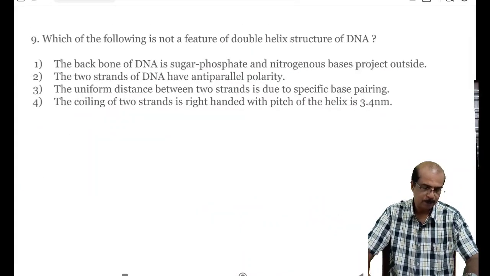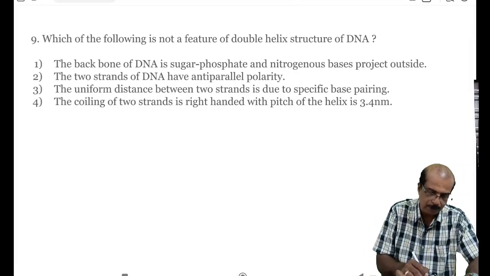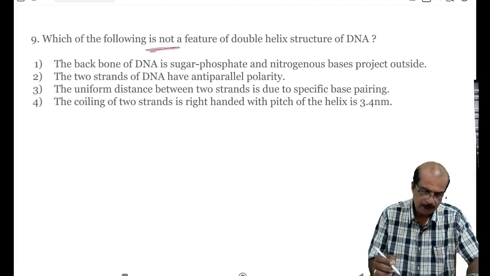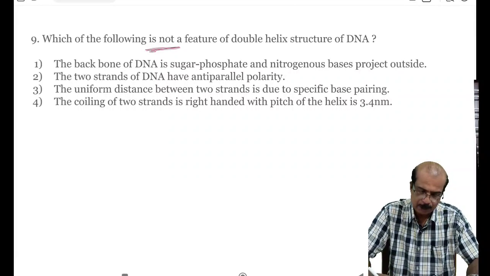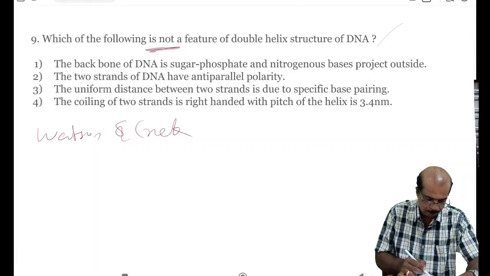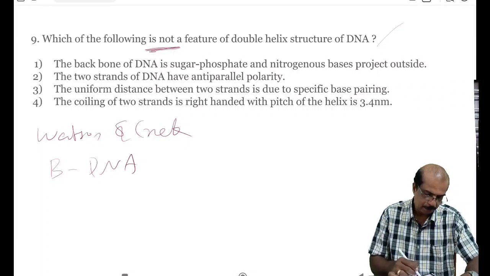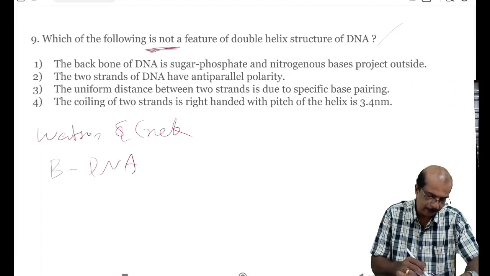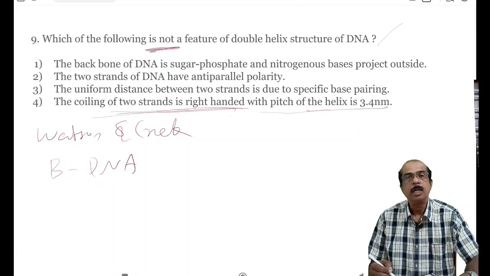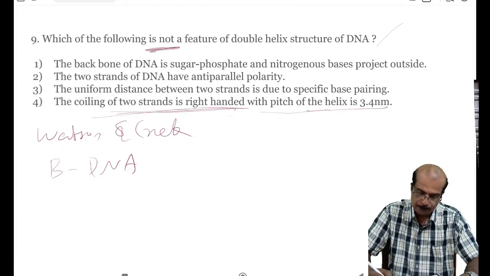We are moving to the ninth question. Which of the following is not a feature of double helix structure of DNA? We know that the double helix structure of DNA was proposed by Watson and Crick. They proposed a model of DNA called B-DNA. Here, what about the coiling of B-DNA? In B-DNA, the two strands are right-handed and have a pitch of 3.4 nanometer. The fourth option is correct.